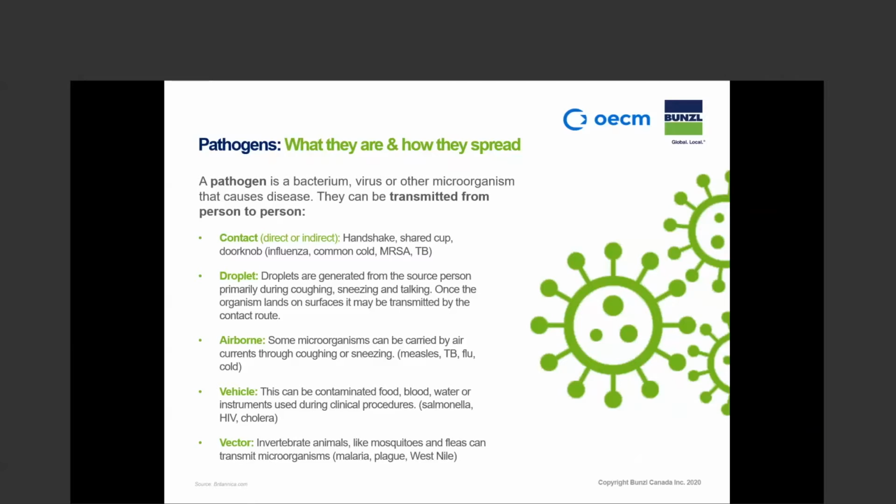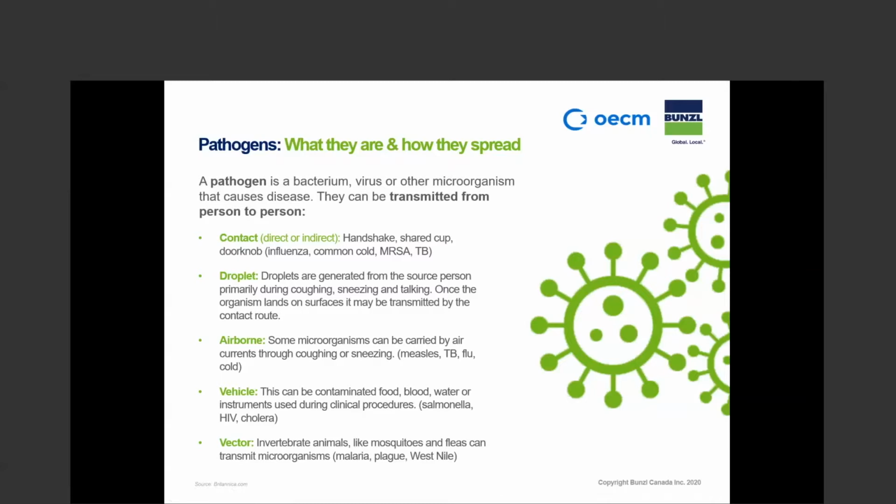One of the other vehicles is that it can be something that is contaminated, like food, like blood, like water on instruments, where we potentially reuse things through clinical procedures or sharing. So that's a great concern there.